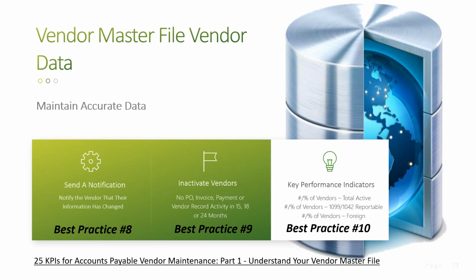So the percentage of vendors 1099, 1042 reportable can be an important KPI to track. The last one that I've included here is the percentage or number of foreign vendors. Again, like I said, most of my clients say they don't have international vendors until they give me their vendor master file, and we do identify that there are foreign vendors or non-US vendors.